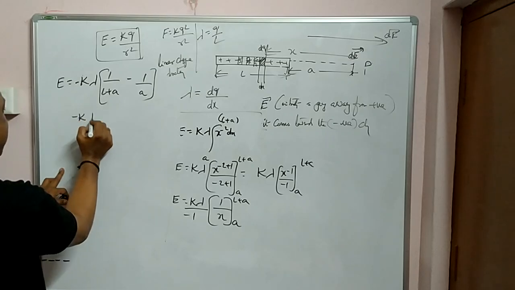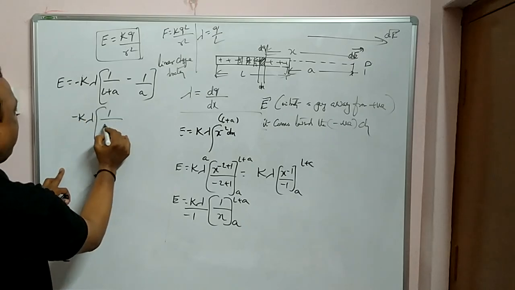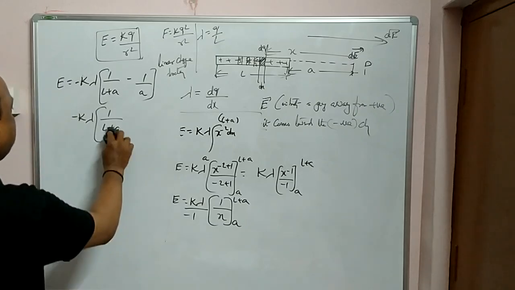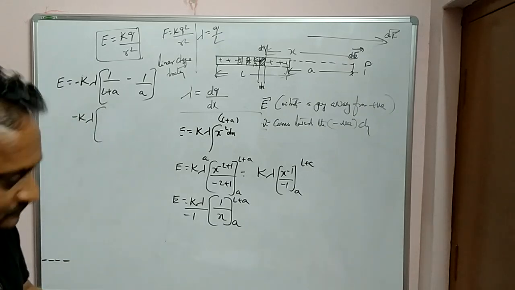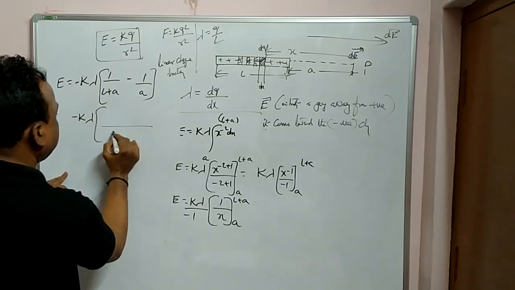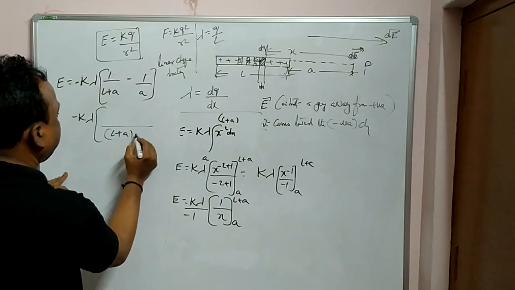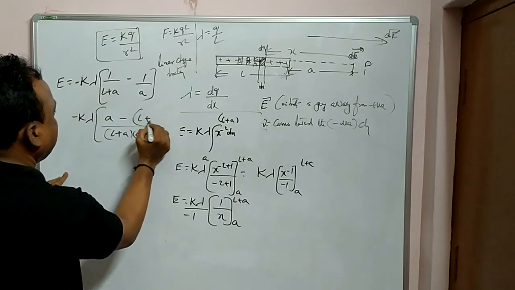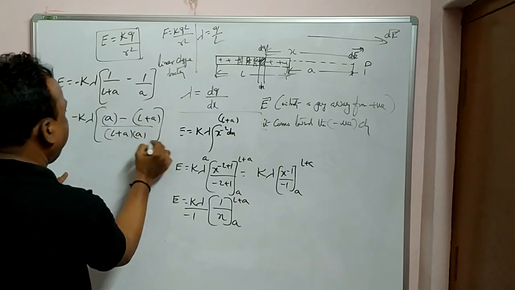So minus K lambda into 1 by L plus A, and here let's take LCM. Again, writing this step once more. Take LCM here. LCM is A into L plus A, with minus of L plus A minus A in bracket.